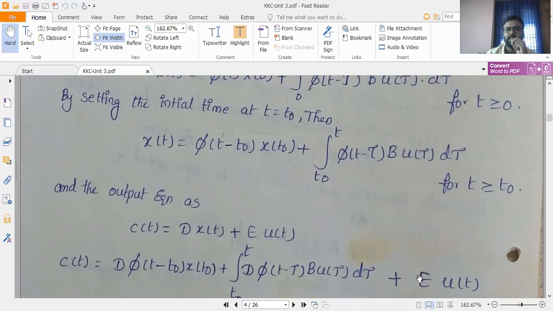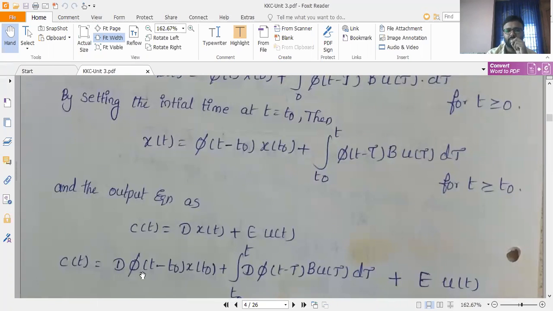Okay, so just comparing this equation with the output state equation we derived in the previous class, that is c of t is equal to D into x of t plus E into u of t. So c of t is obtained by replacing x of t with this equation.